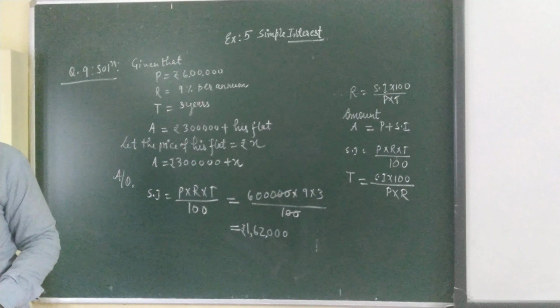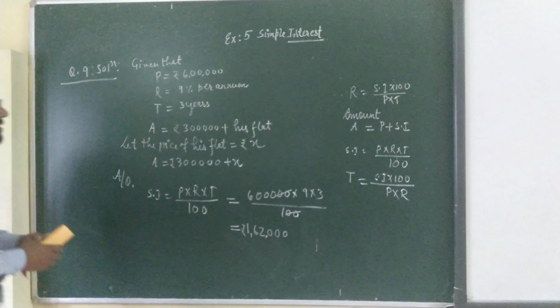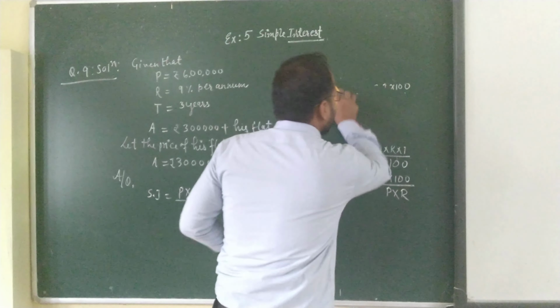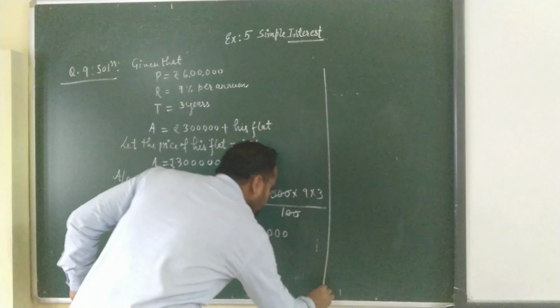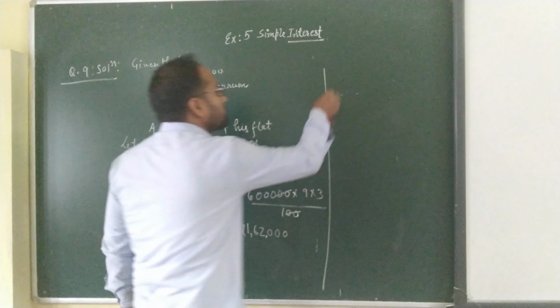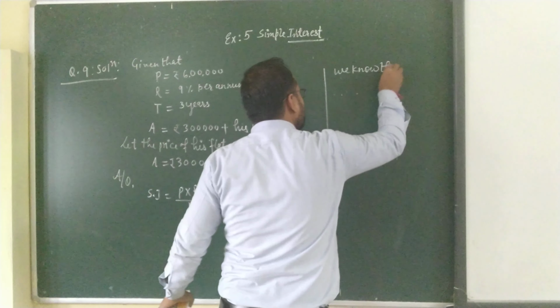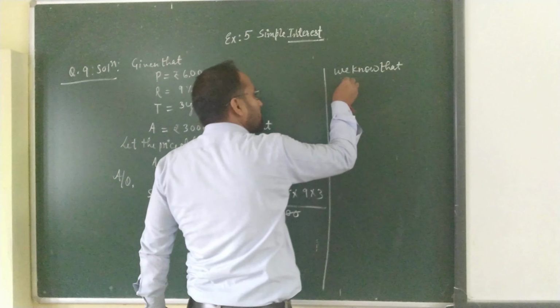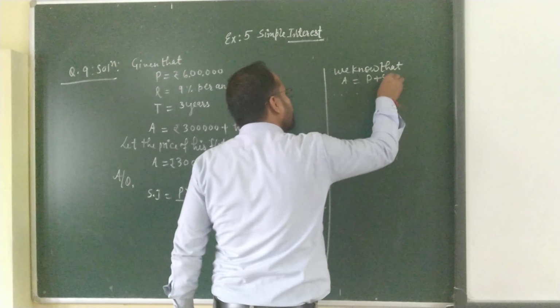1,62,000 is the simple interest, and we know that amount is equal to principal plus SI.